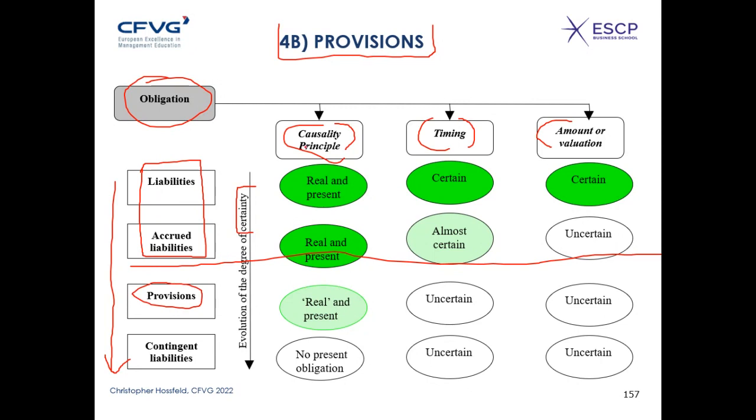So does a provision exist really? Well, no, but it is probable that it exists. So here there's just a probability, but the maturity of the provision and the amount is uncertain. For example, somebody sues my company.